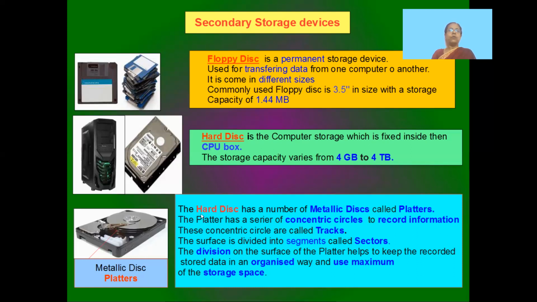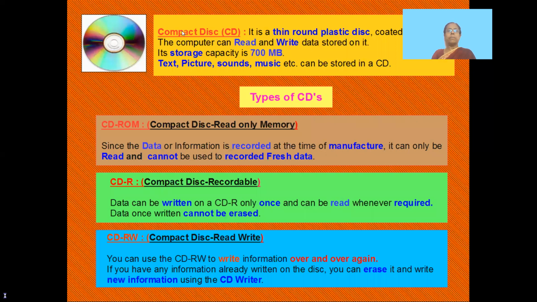You have the other device, which is a compact disc, or the CD. This CD is a round plastic disc. It is used for writing and reading, so it is a read and write system. It has a storage capacity of 700 MB.